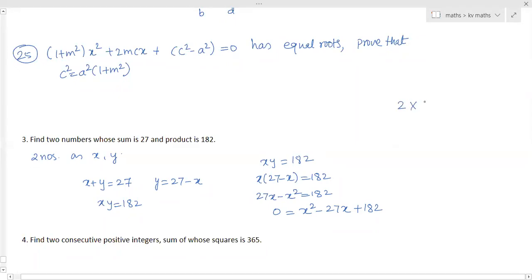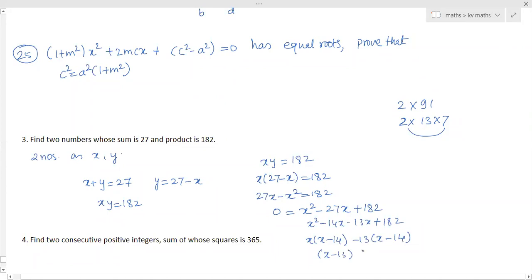So here, 13 sevens are 91, and 7 plus 14... 13 plus 14 is 27. x square minus 14x minus 13x plus 182. x into (x minus 14) minus 13 into (x minus 14).